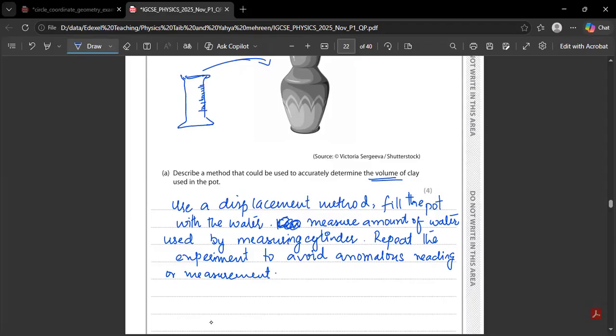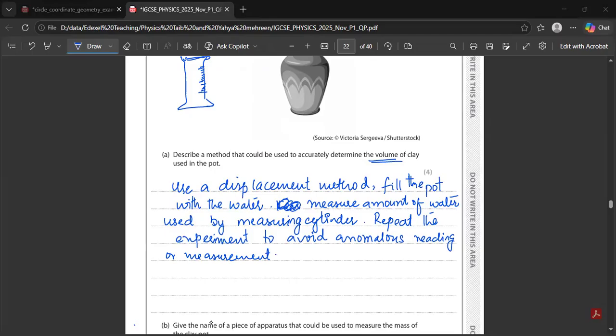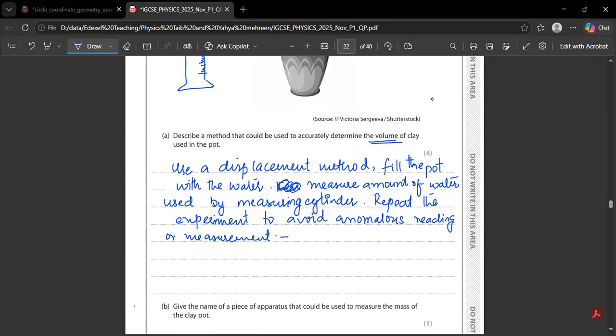And make sure there should be no splashing of water. Okay. Avoid splashing of water, right?